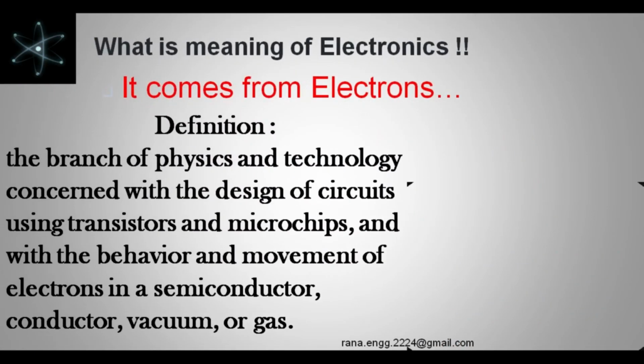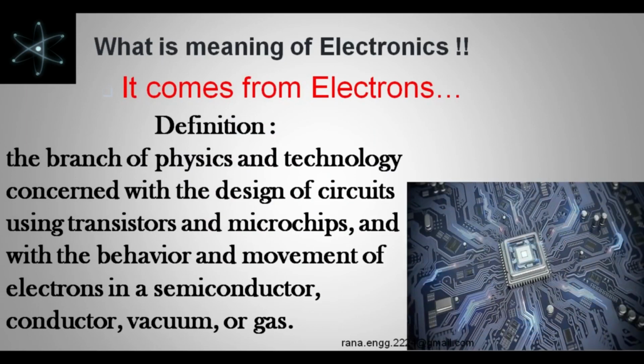So, what is the definition of electronics? It is the design of circuits using transistors and microchips. What are these microchips we use in our day-to-day life? Mobile phones, laptops, computers, televisions, everything has microchips, and these microchips are made up of transistors, and transistors are made up of semiconductors.